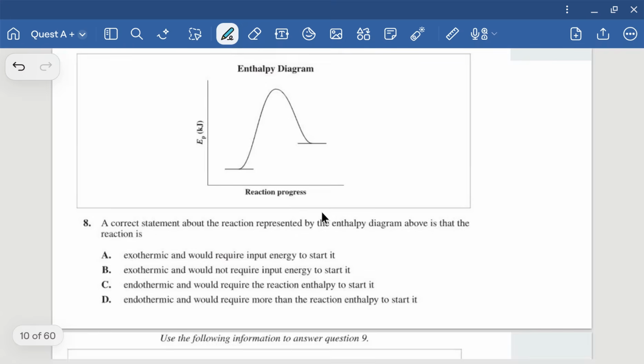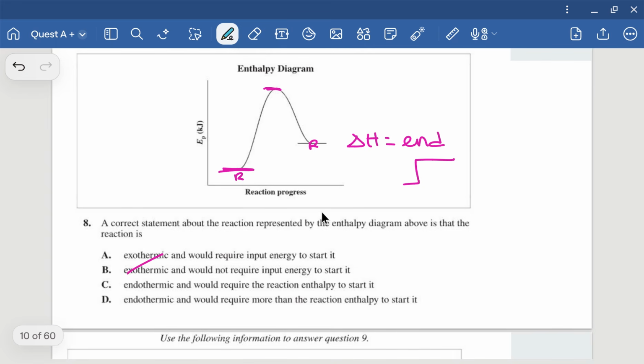This next one, looking at which statement is correct. So what we would want to know is just looking at the difference between your reactants and your products. We can tell that this is an endothermic reaction because we're seeing that rise, and then we just have that activation energy in there. So asking for a correct statement representing the enthalpy diagram above: it is endothermic.